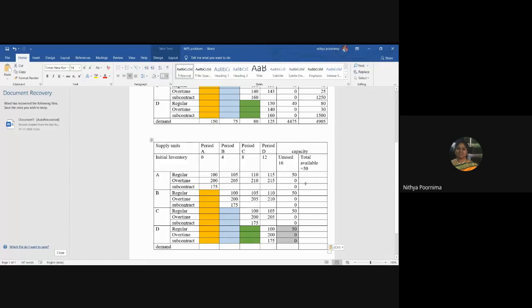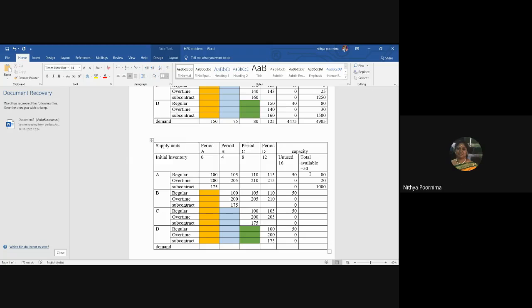Now under the capacity, what should I enter here? It is given in the table. For regular, what will be the capacity? 80. Then for overtime, 20. It is given as 60. 20, ma'am. Then for subcontracting, 1000.